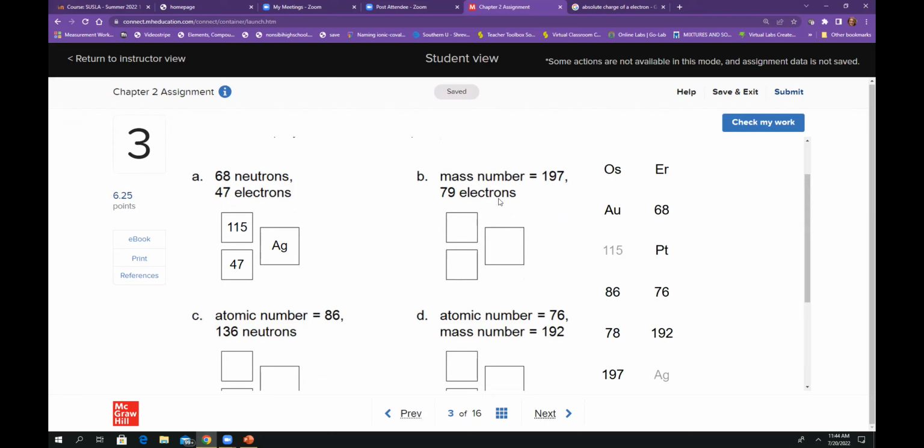Okay. The next one is 79 electrons, it says. So since it's 79 electrons, it's not charged. So we are looking for an element that is 79. So it's gold. So this one's gold. 79 goes on the bottom.